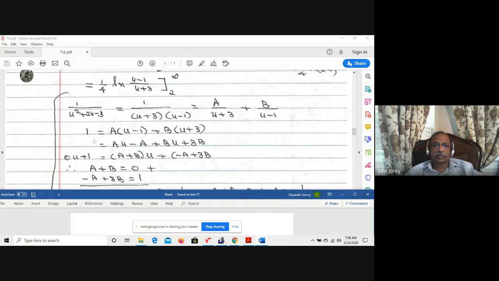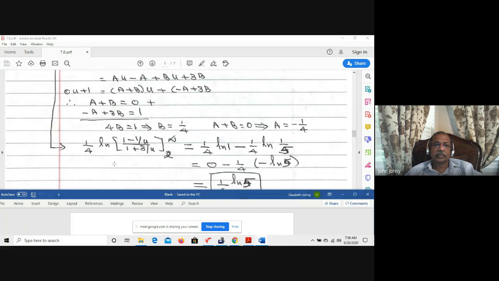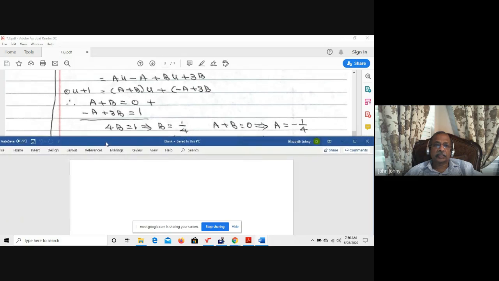And compare the terms. a plus b is equal to the coefficient of u, which is 0. And negative a plus 3b is equal to 1. You add these two so that a cancels. So a cancels, 3b plus b, that's 4b is equal to 1. Means b is equal to 1/4. a plus b is 0 means a is negative b, that's negative 1/4.